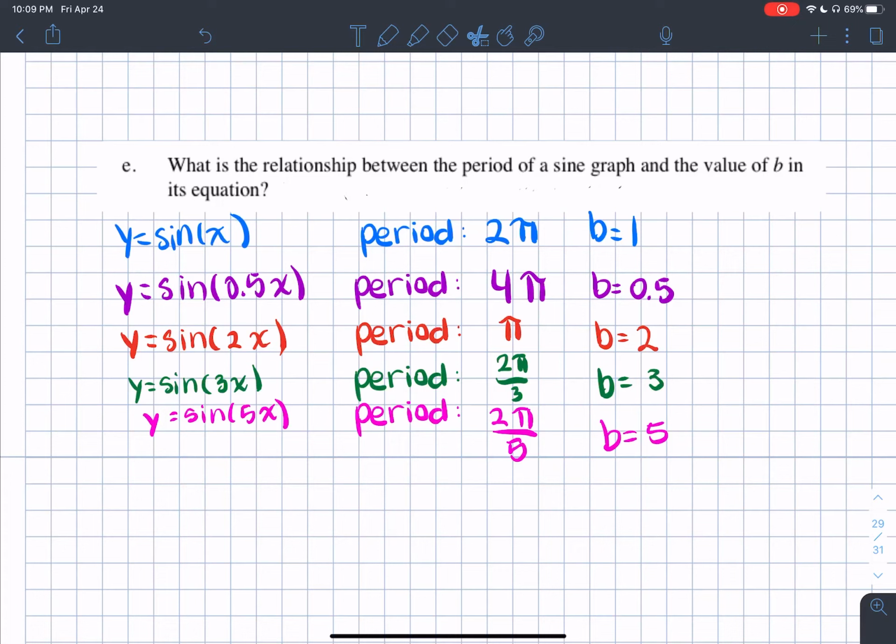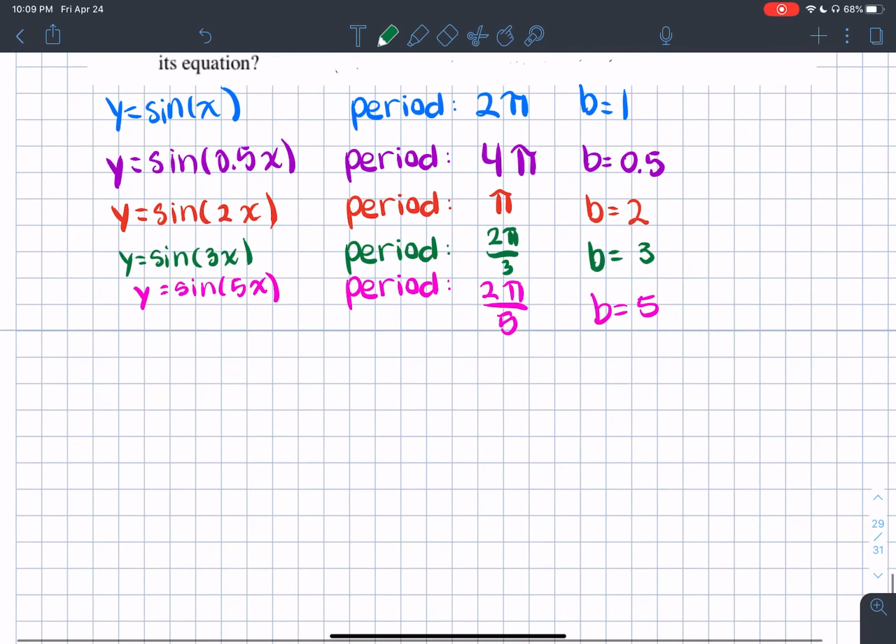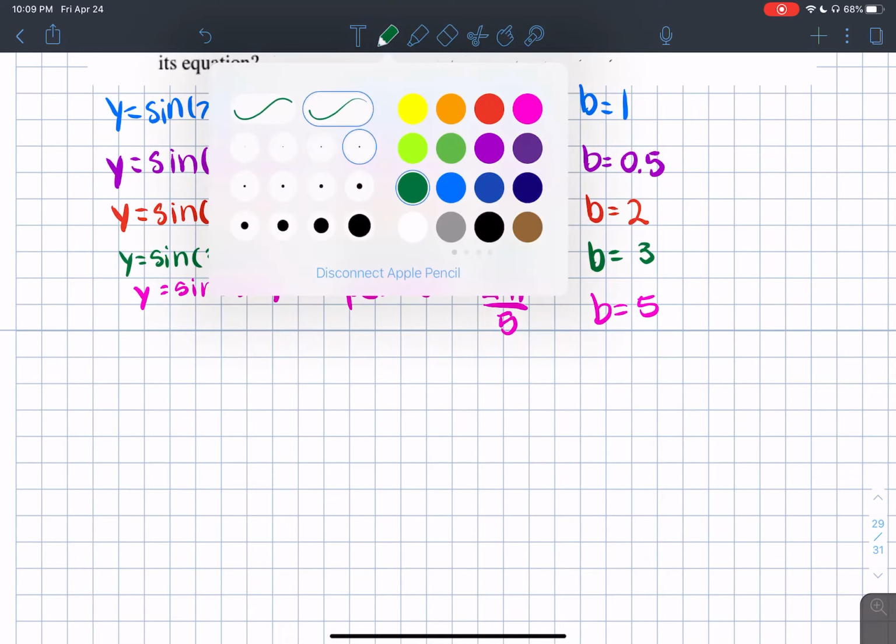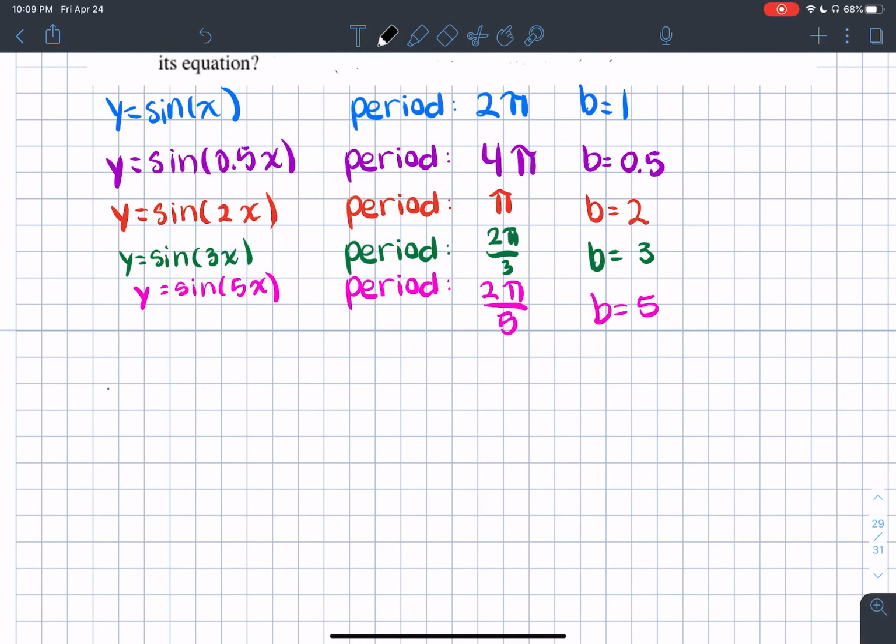So when we're looking at the period with its relationship to b, let's think about each one. So let's go ahead and make a table. b-value, and period.